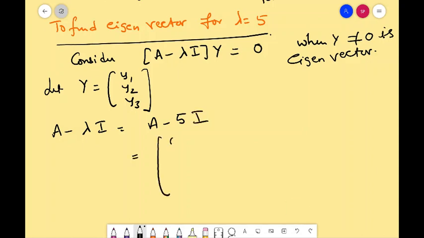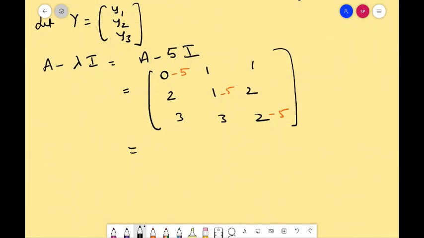We have A as 0 1 1, second row 2 1 2, third row 3 3 2, then subtract 5 on the diagonal. So this is equal to minus 5 1 1, 2 minus 4 2, and 3 3 minus 3.